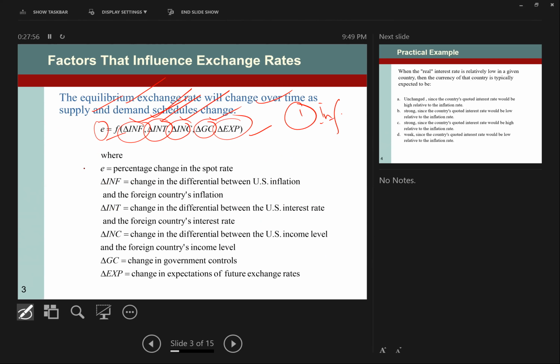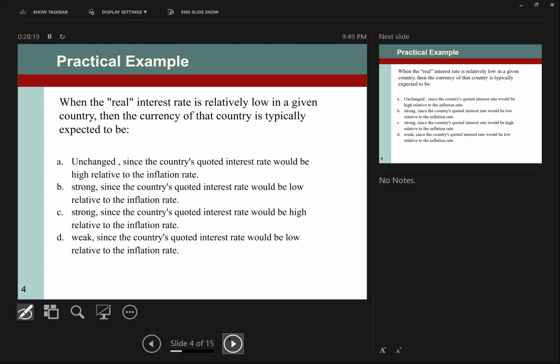If you want to predict the foreign currency, then think about the foreign currency perspective, right? If your home currency is depreciating, it means foreign currency is appreciating. It's not like both home currency and foreign currency are depreciating. It's not going to happen, right? One appreciates, the other depreciates.